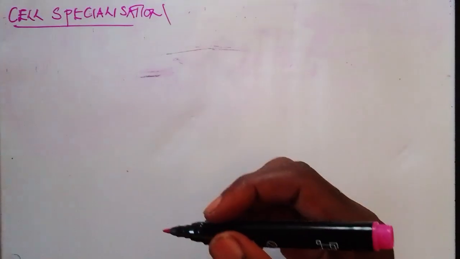Whenever we're talking about cell specialization, this is a process which a cell undergoes where it changes its structure and the composition of the cytoplasm.